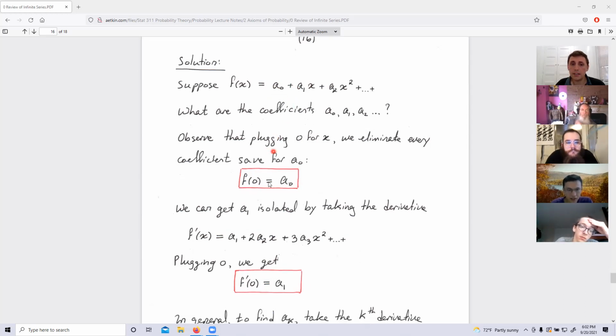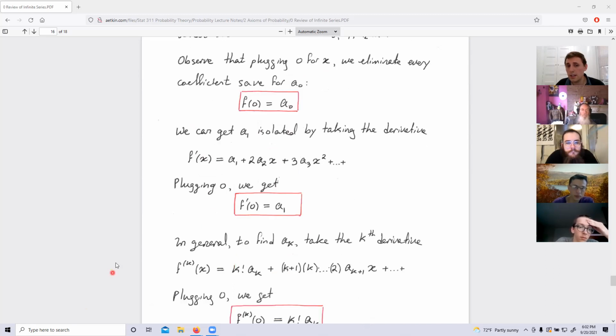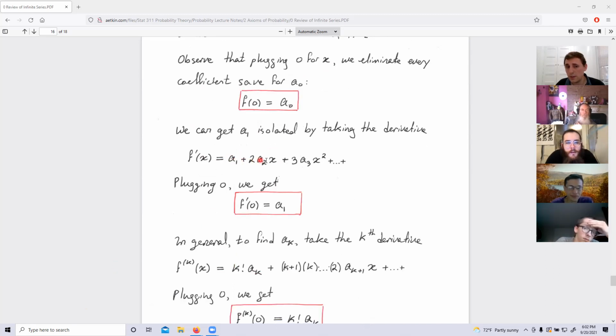Next, I will take the derivative of this function and plug in 0. If I take the derivative of this function, here it is. Do you see it, guys? I presume that I can take derivatives just like I did for a regular polynomial. Here is what I get. I now have a1 without an x. I plug in 0, everything is eliminated other than a1. So I see that f prime of 0, the derivative of this function, will have to be the coefficient a1.